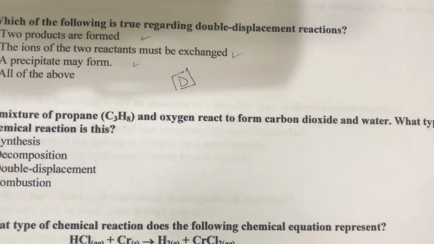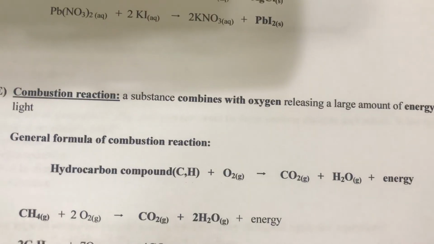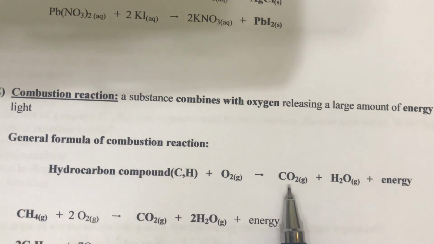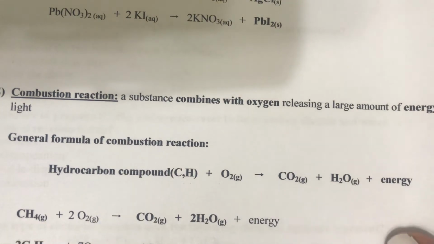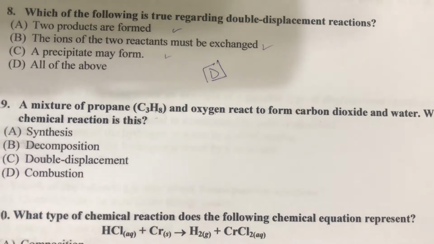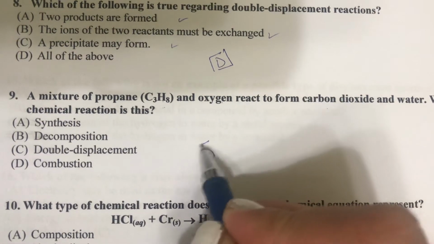This is the general formula of combustion reaction: hydrocarbon plus oxygen, the products are carbon dioxide and water. So this is an example of combustion reaction. So the correct answer is D.